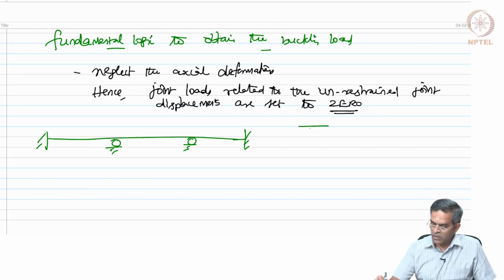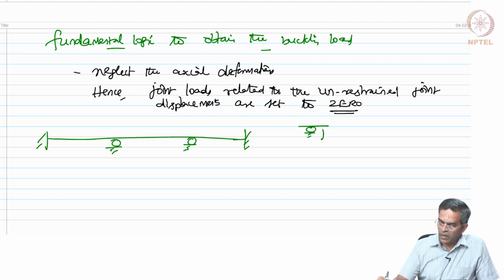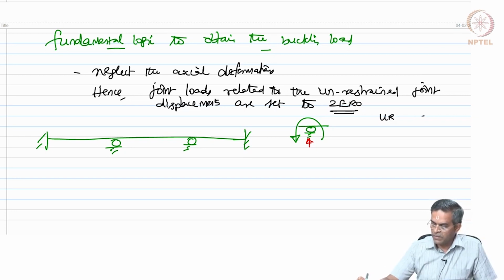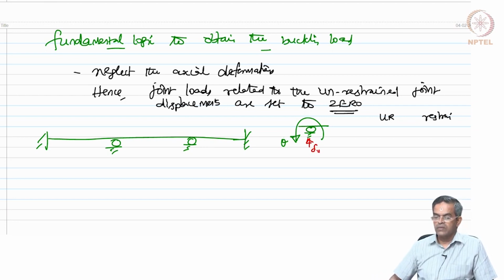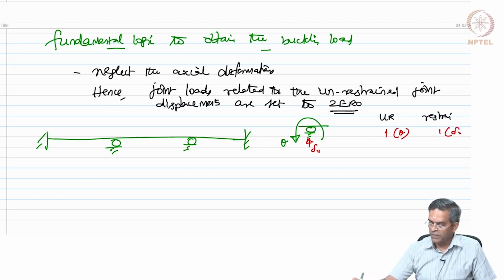So, if it is a roller support, the roller can undergo rotation, but roller cannot undergo vertical displacement. So, I will make a table, unrestrained and restrained. Let me call this as theta and this as del V. So, unrestrained is 1, which is theta, and restrained is 1, which is del V.